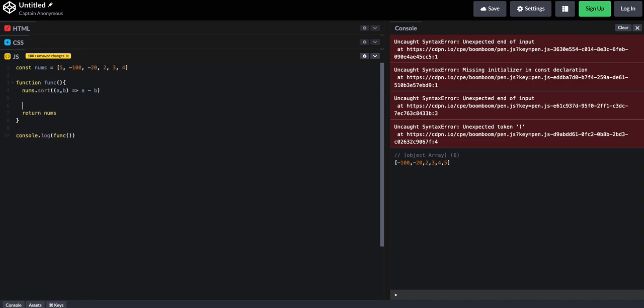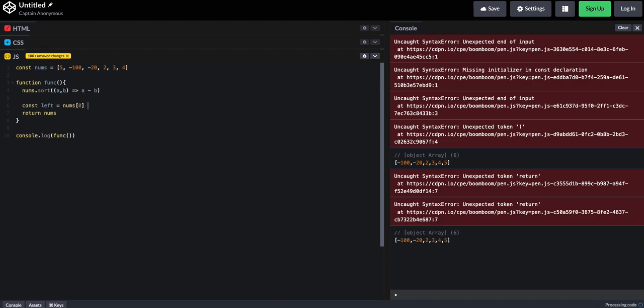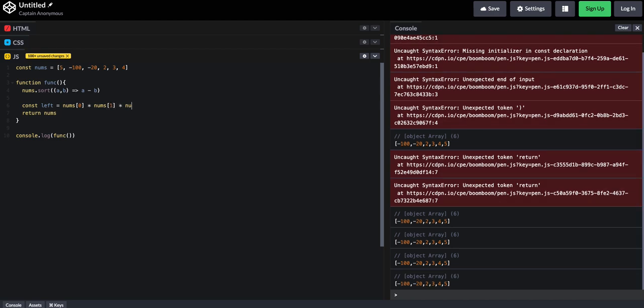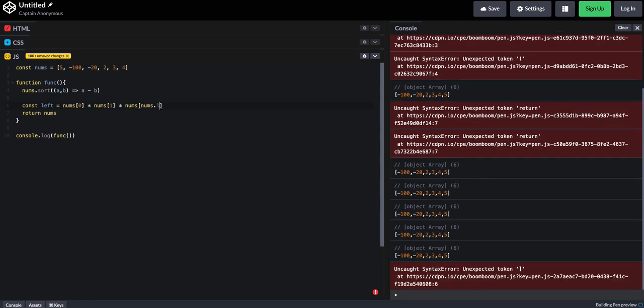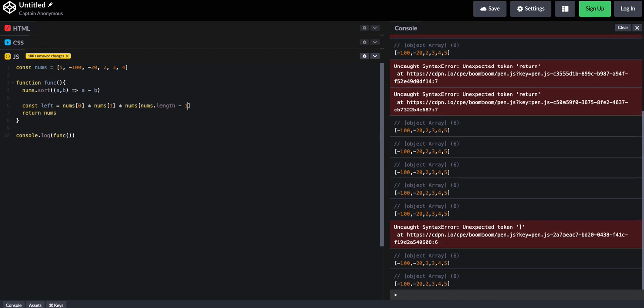So I'm simply going to define a variable. We're going to call it left, because that's the left side of the array, and this is going to be nums at 0 times nums at 1 times nums at nums.length minus 1.